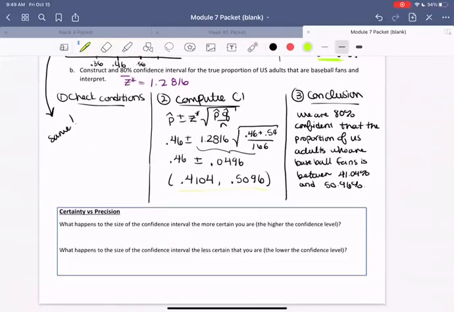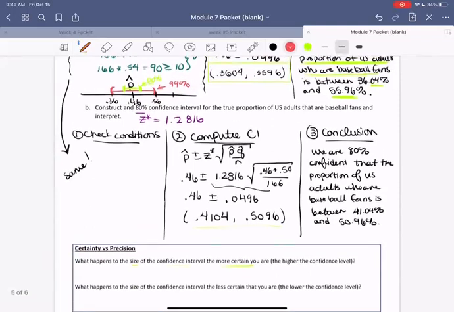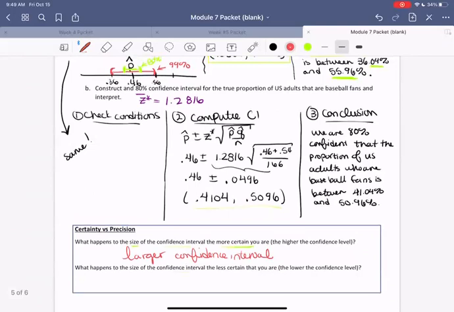So the first statement, what happens to the size of the confidence interval the more certain we are? So that is when we were 99% certain, we have a larger confidence interval. So that interval includes more possibilities of proportions.